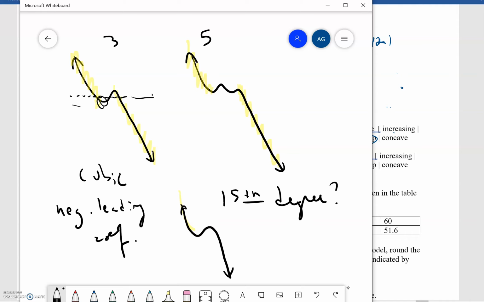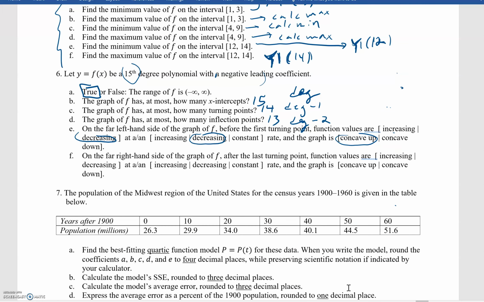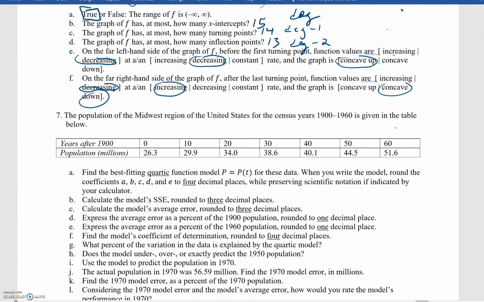So we'll be talking about something like this. And so we are decreasing at an increasing rate and concave down. So that is decreasing at an increasing rate, concave down. Okay, that completes number 6.